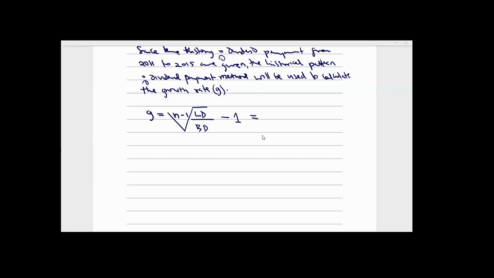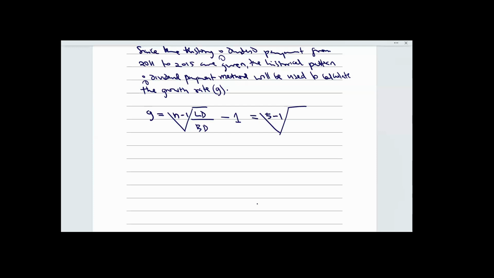So from 2011 to 2015, how many years do we have there? About 5 years. Okay. So that means our N is equal to 5. So here will be 5 minus 1 into square root. LD simply means latest dividend or the current year dividend. The current year is 2015.